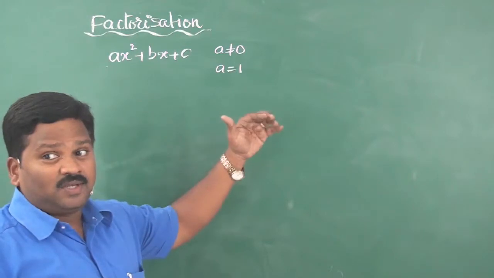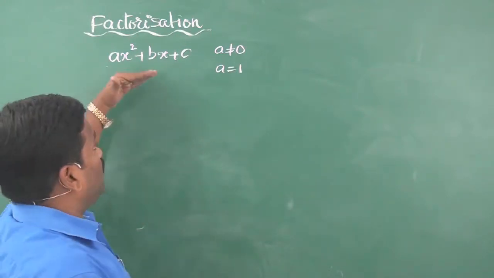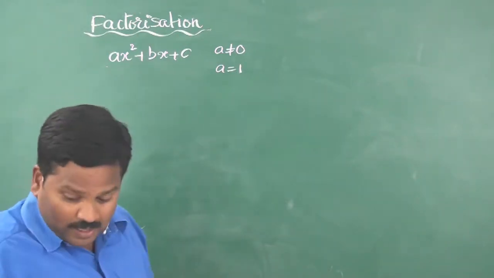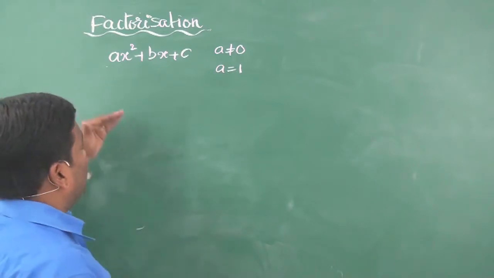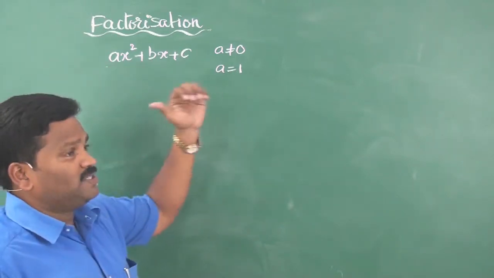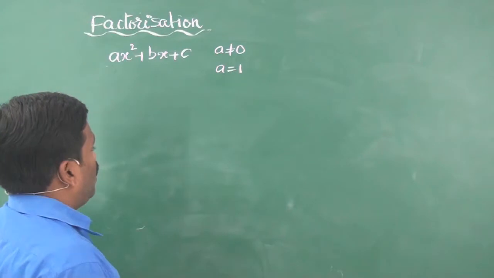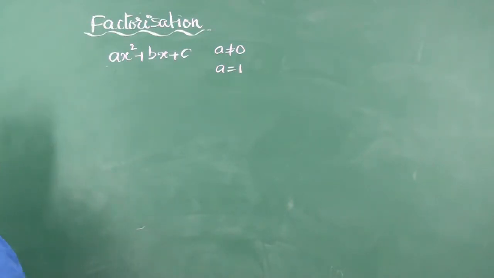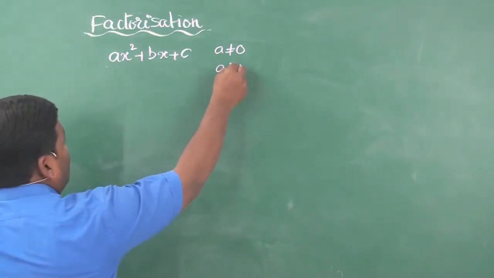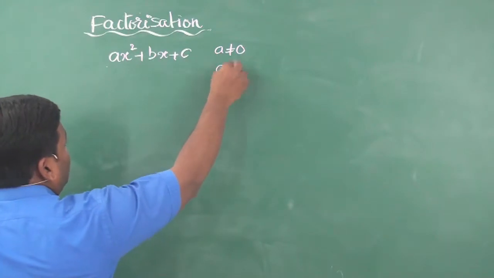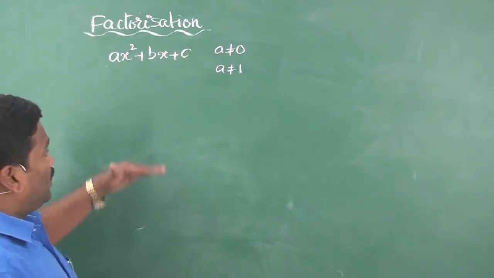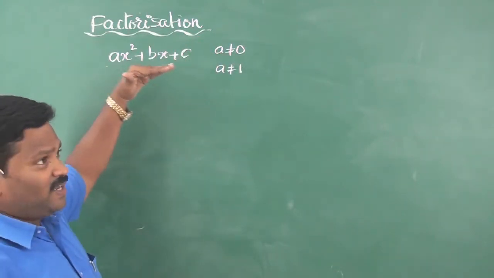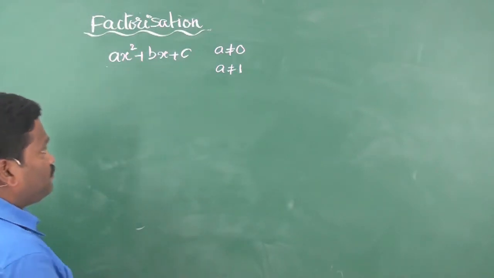So far we discussed how to factorize a monic quadratic polynomial. Let us see how to factorize a non-monic or general quadratic polynomial whose x square coefficient is not equal to 1. Let us discuss this factorization with one example.